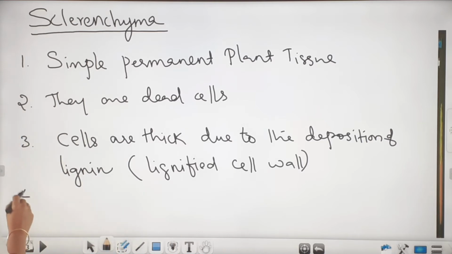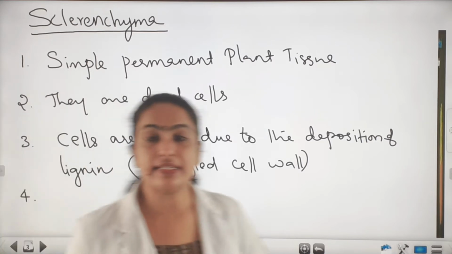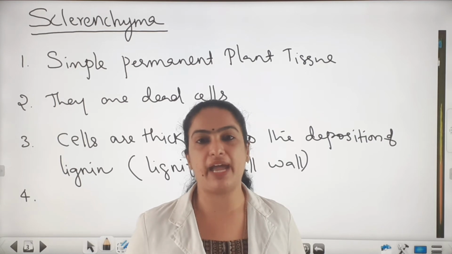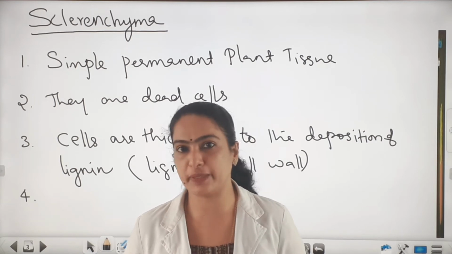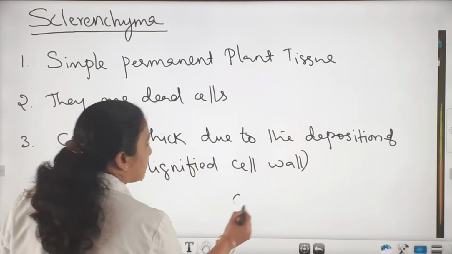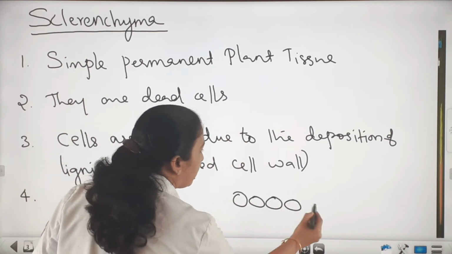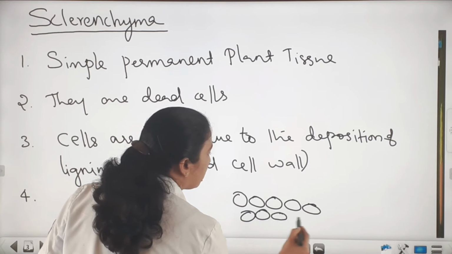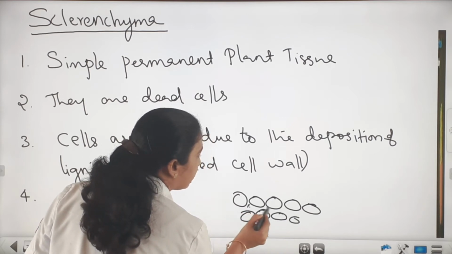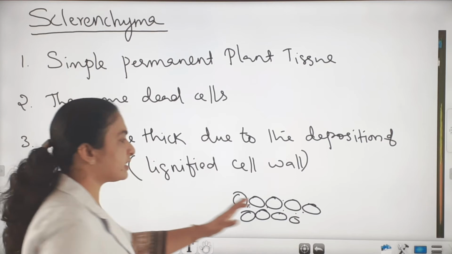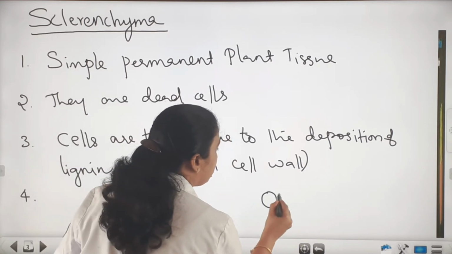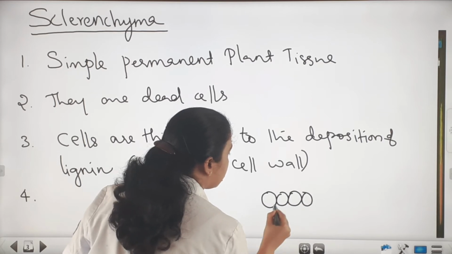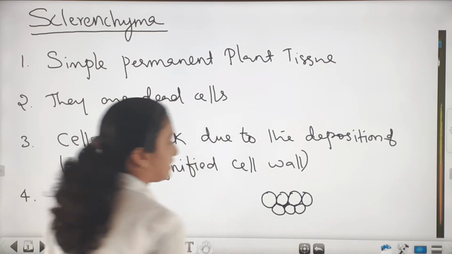The fourth one, the cells are very closely packed or tightly packed, so there is no chance of intercellular spaces. Intercellular spaces means, suppose these are the cells, if they are arranged loosely, some spaces are there. You can see spaces. This is called an intercellular space. If they are arranged very closely, like this, there is no chance of intercellular spaces.